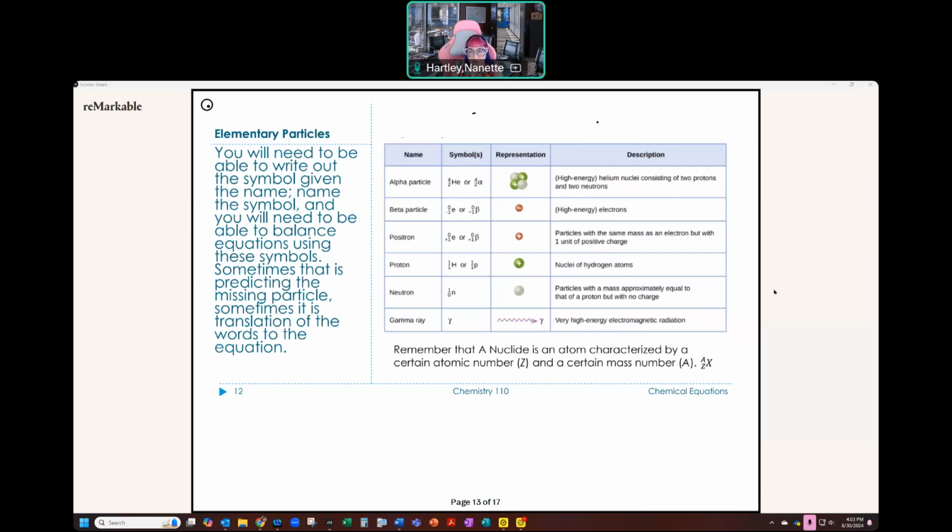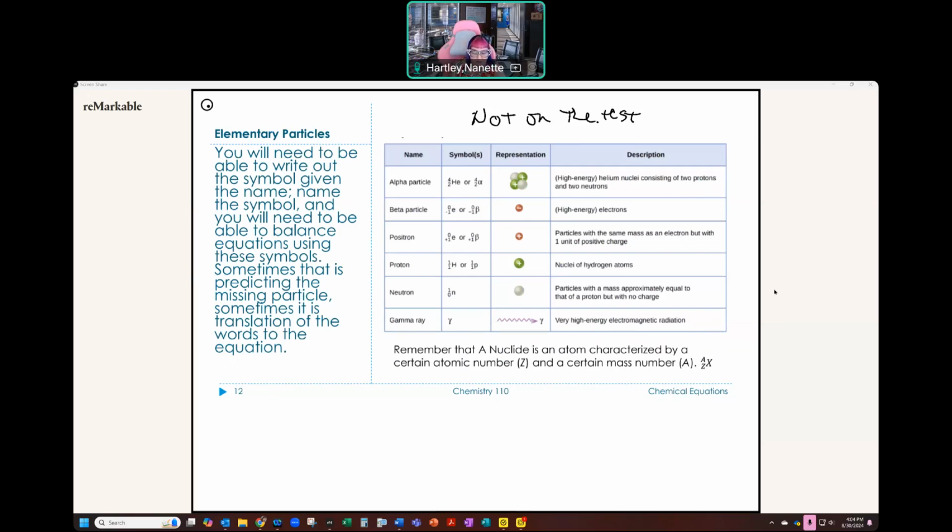Now, when we talk about elementary particles, we're talking about anything that appears on this slide. Now, is this going to be available to you? No. So this is not on the test. Now, does that mean you need to memorize it? Well, technically, yes. If you want to be able to answer these questions appropriately, yes, you will need to memorize this. Is it that prevalent? No, not really. We asked a couple of questions on the first test.